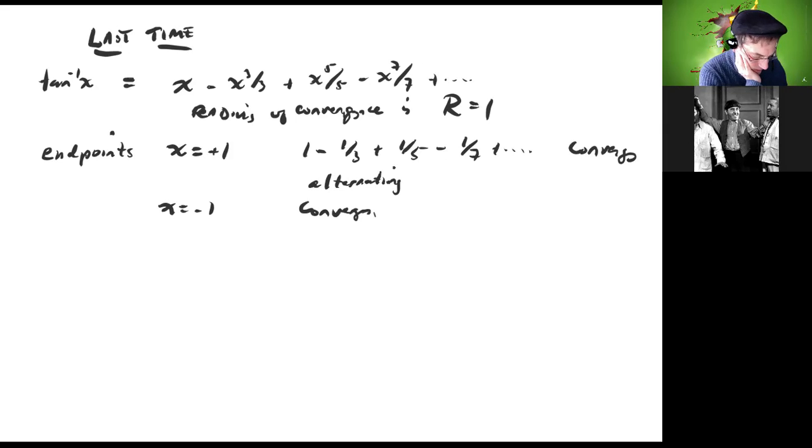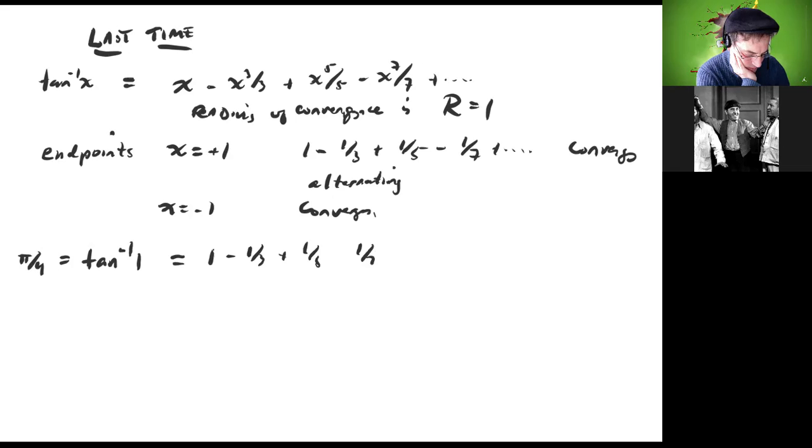So in particular, we can look at arctangent of 1. Now arctangent of 1 is pi over 4. But if we plug it into the series, which converges, we get 1 minus a third plus a fifth minus a seventh plus a ninth, and so on.